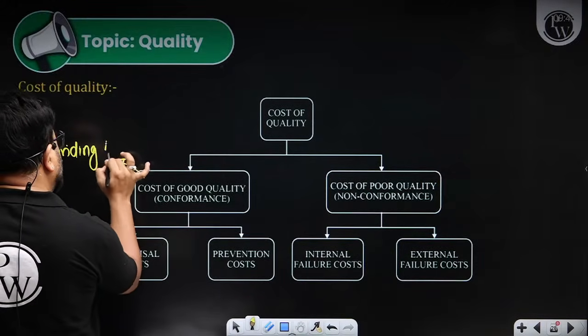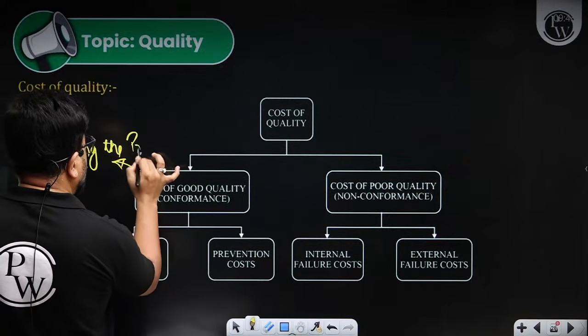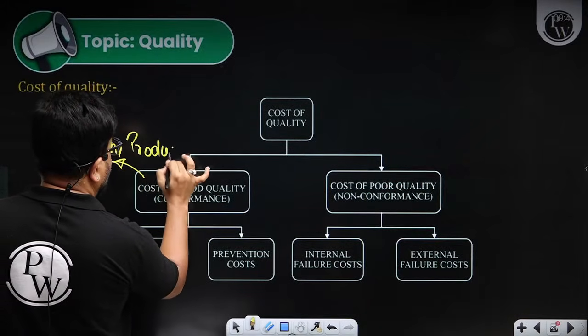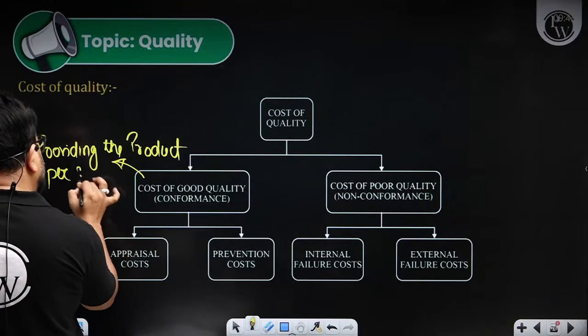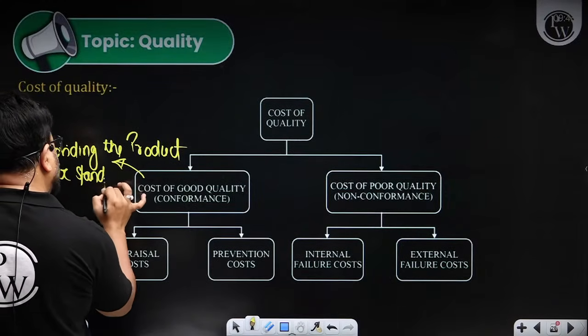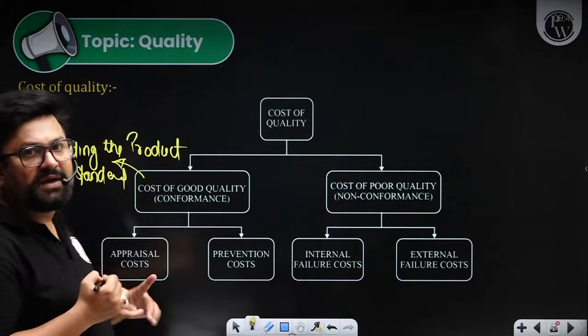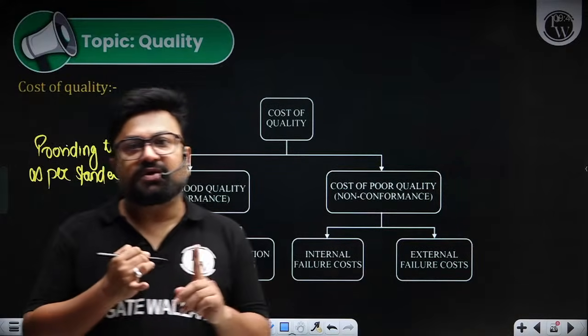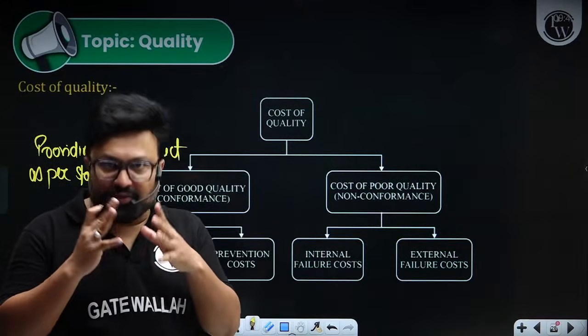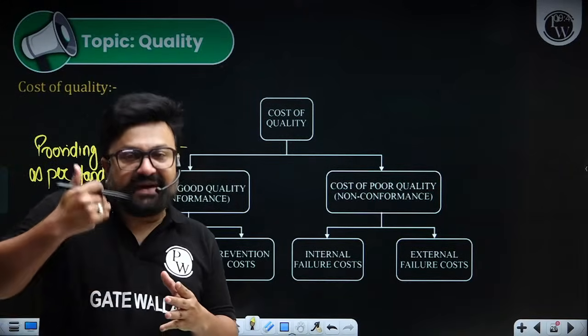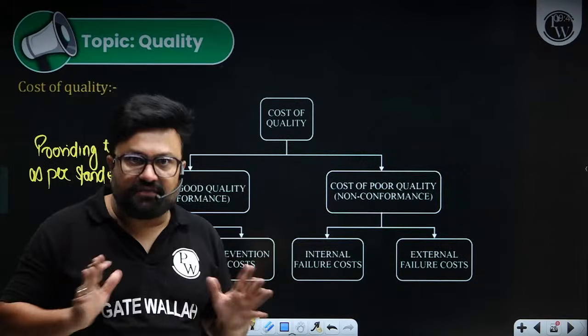As per standard. The cost of providing the product as per required standard means whatever standard you promise, and the cost which maintains that standard is known as cost of conformance.